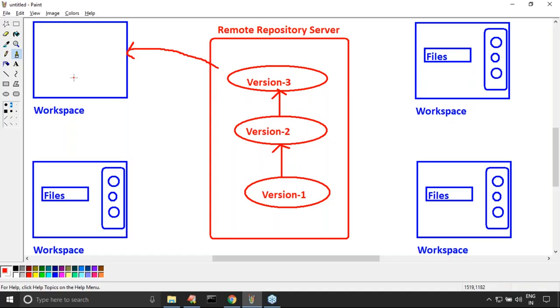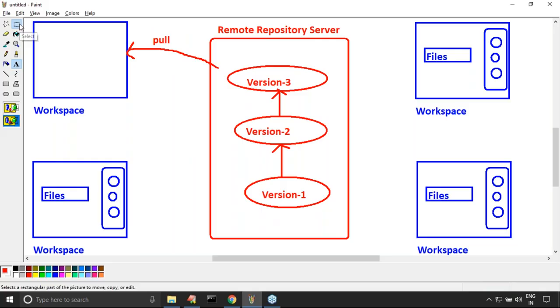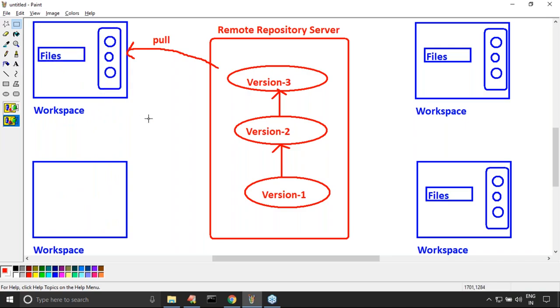Pull. At the beginning we can use the word clone, but don't worry at all. As of now, just use the word pull. He will pull. Now what will happen is that the total repository, whatever is in the central, will by default come to this person.